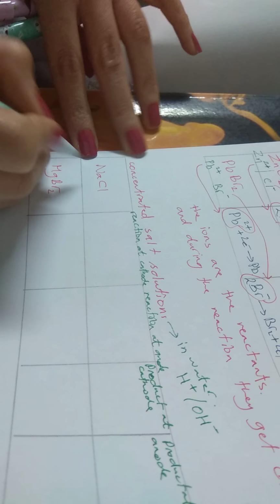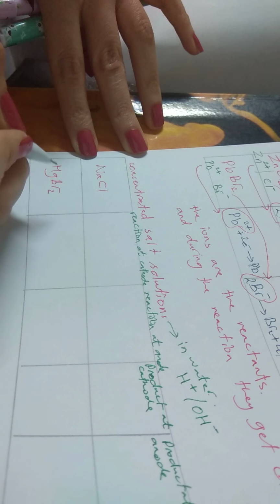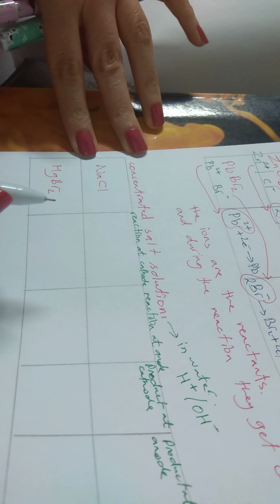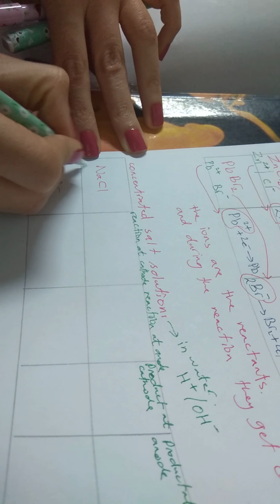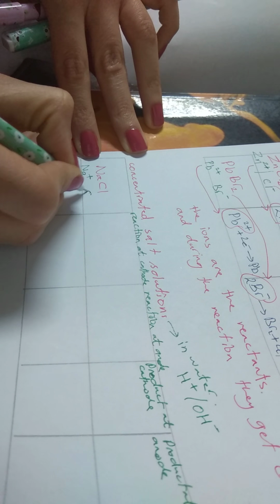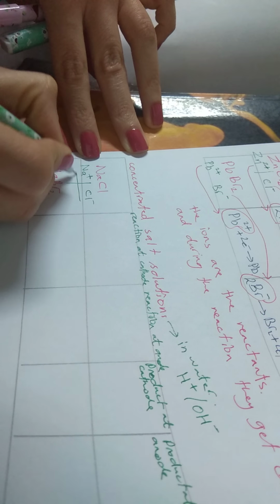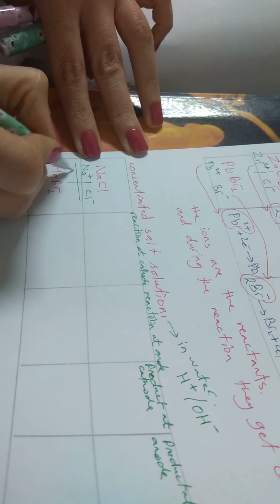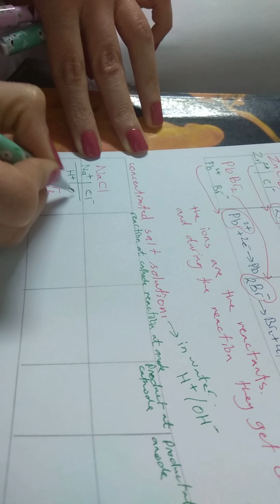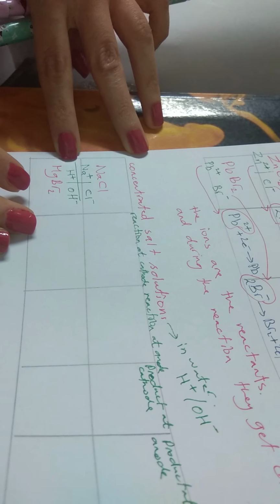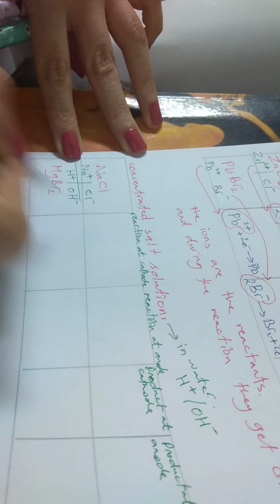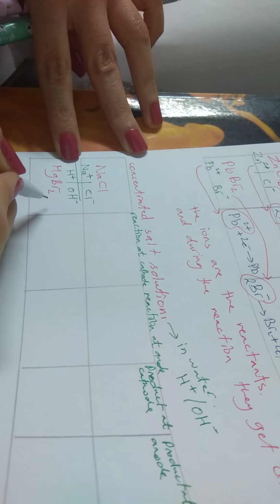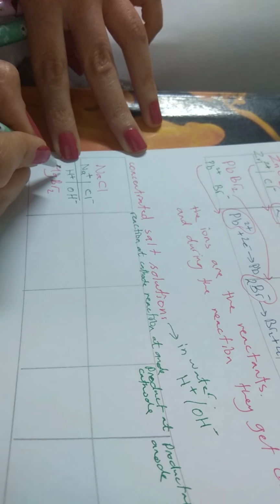So for each one of these, I will write the ions and I will write in addition to them the ions of water, the H+ and the OH-. NaCl, so we have the Na+ and the Cl-. We also have the H+ and the OH-. Now, reaction at the cathode, the cations will go to the cathode, so we have the Na+ and the H+.